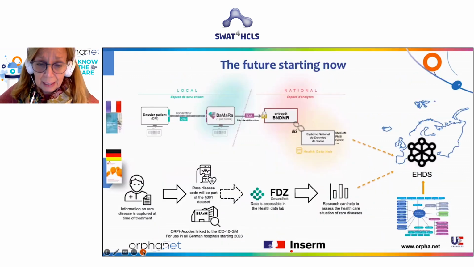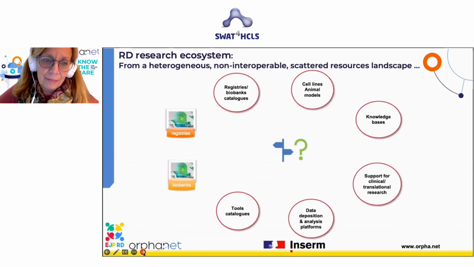Ideally, and that is something that is now happening, you will have the electronic health records and then the data lakes at the country level, and then the federation of data lakes, of health data spaces, that will be the European Health Data Space at the European level. So when it arrives, then we will start having real-world evidence on rare diseases.